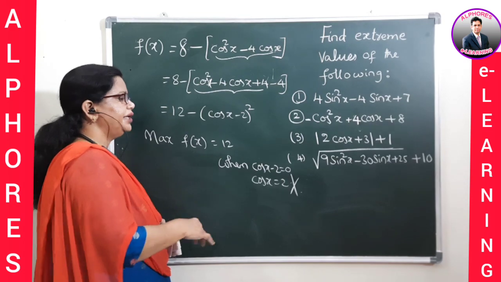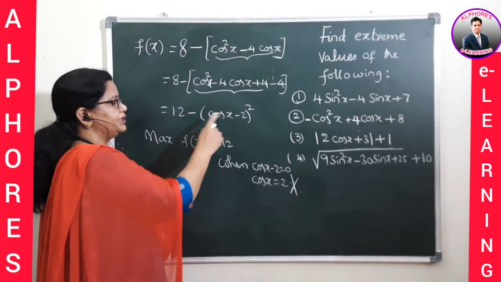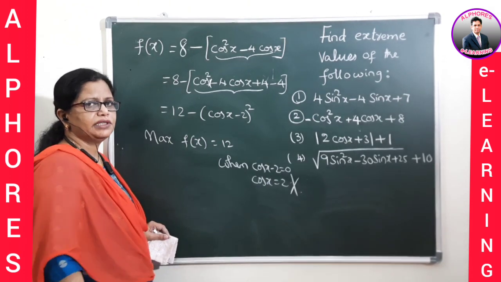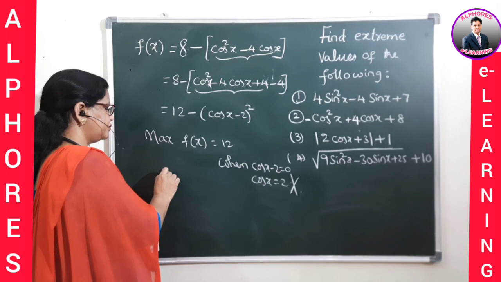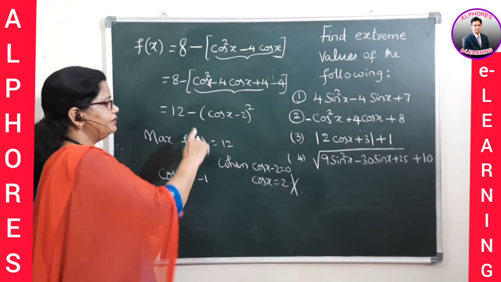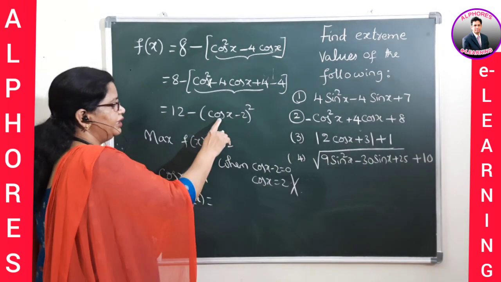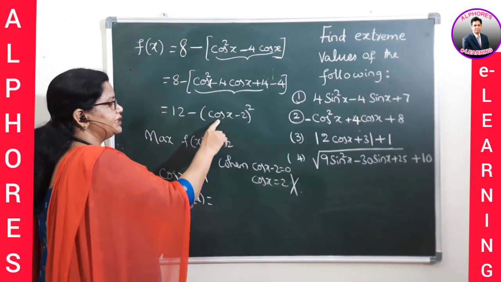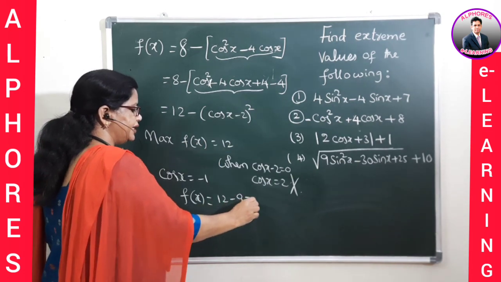So what is the only alternative here? We can directly substitute the minimum of cos x and the maximum of cos x. Those are only our minimum and maximum. So if cos x is equal to minus 1, what value do you get? The f of x value is 12 minus, if it is minus 1, this is how much? 3 square, so 9. 12 minus 9 implies 3.